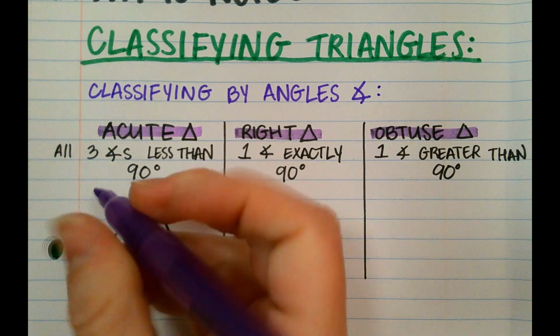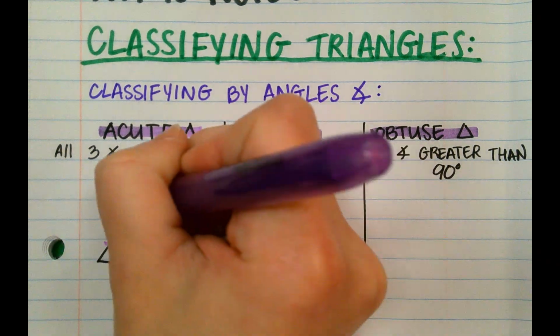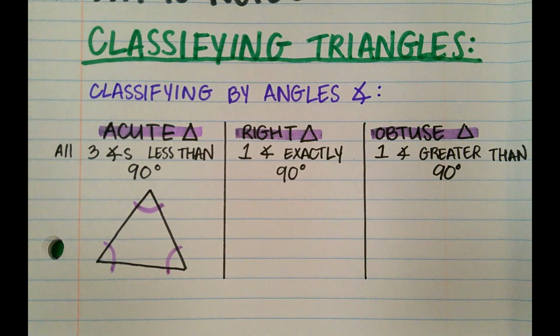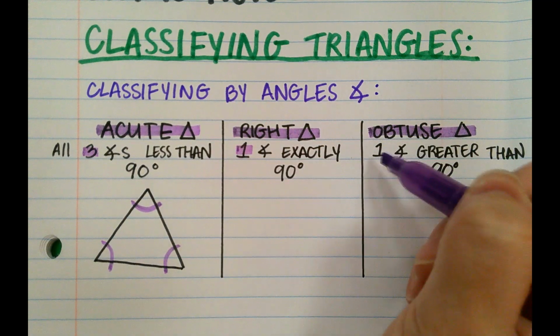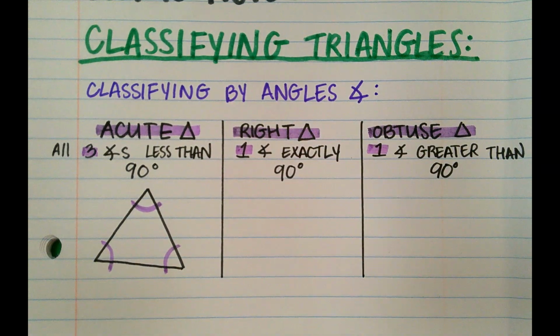So I'm going to mark the 3 angles as being less than 90. These angles are less than 90. They're all acute.